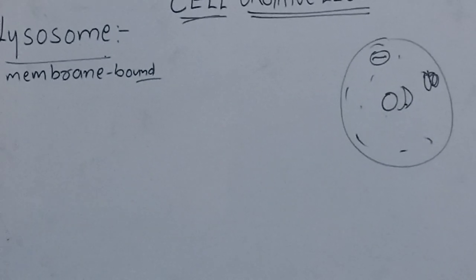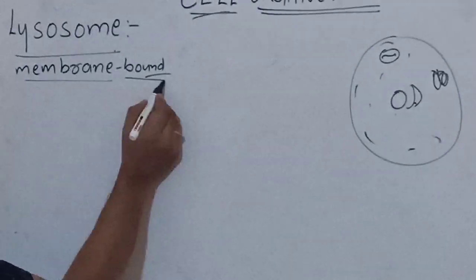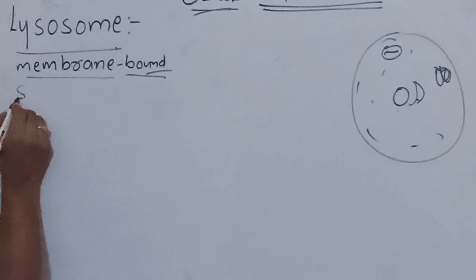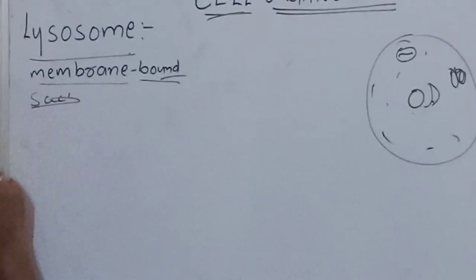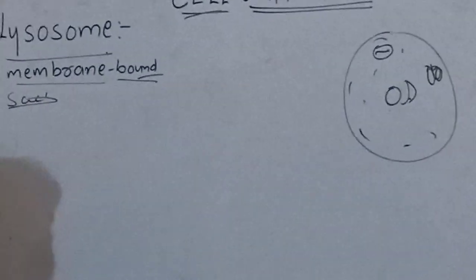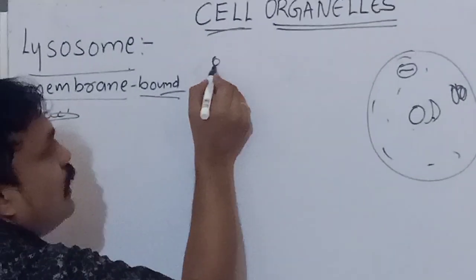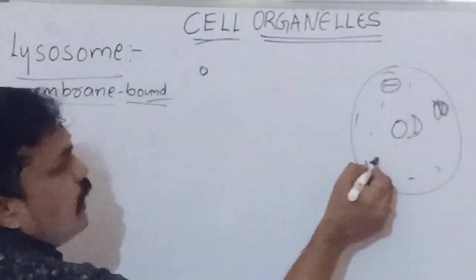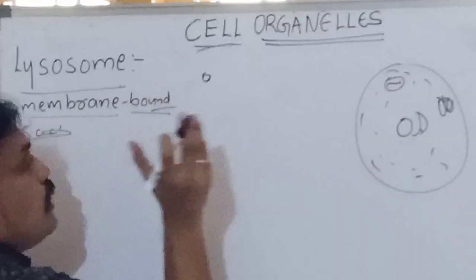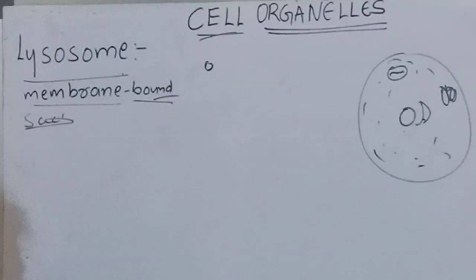What are lysosomes? Lysosomes are membrane-bound, sac-like structures, very small in size, covered with a membrane. They are scattered in the cell.